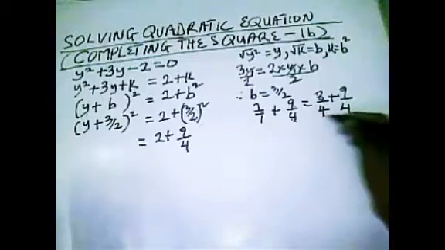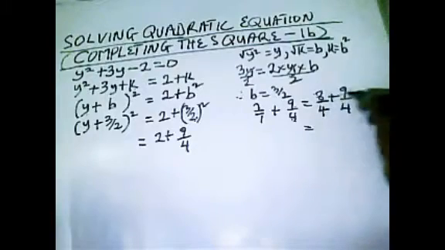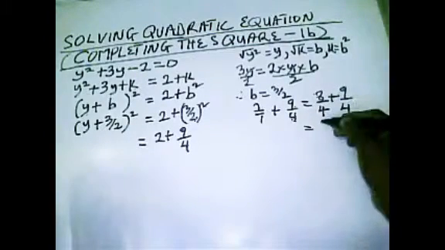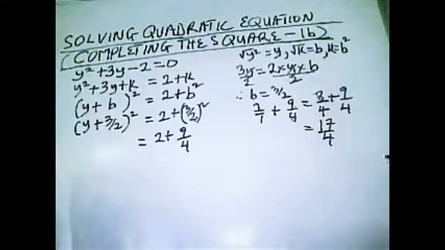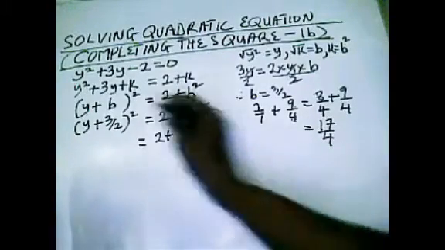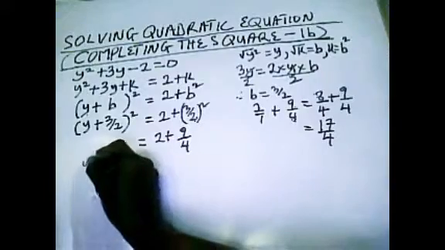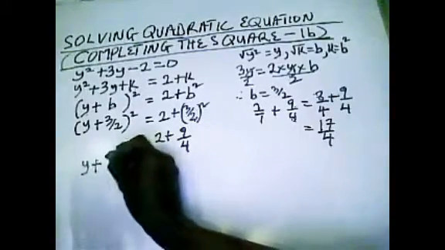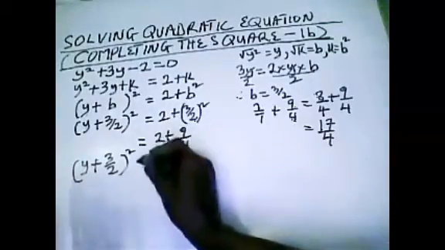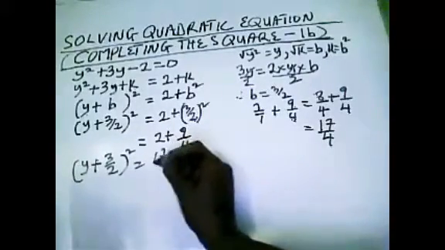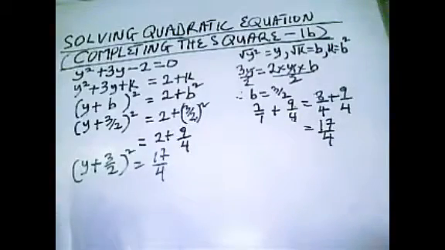So here you have it. You can see that the denominators are the same, so we can go ahead to add the top part, which is 8 plus 9, and that gives us 17 upon 4. I hope that is very clear. So on this side I'm going to write y plus 3 upon 2 all squared equals 17 upon 4.